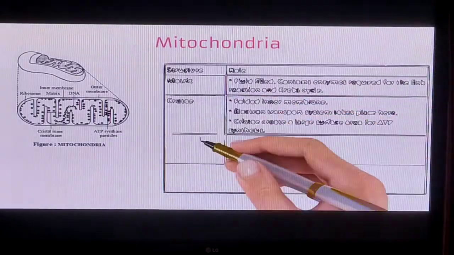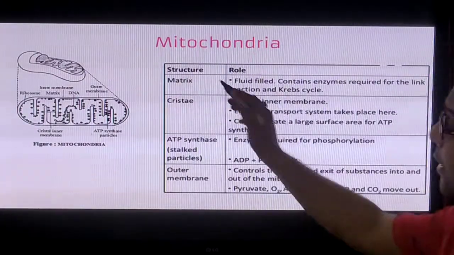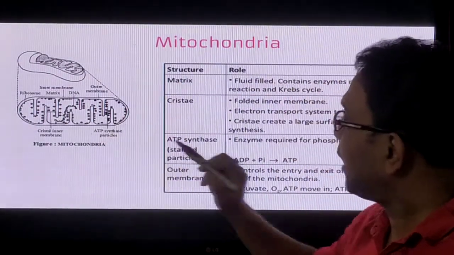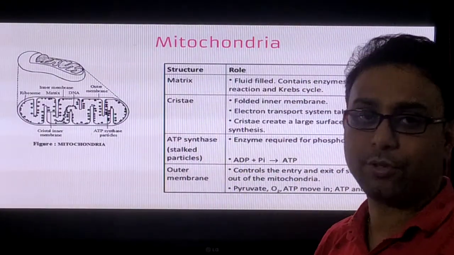Mitochondria have different parts. Number one is the matrix. The matrix is the fluid-filled structure present inside the mitochondria.